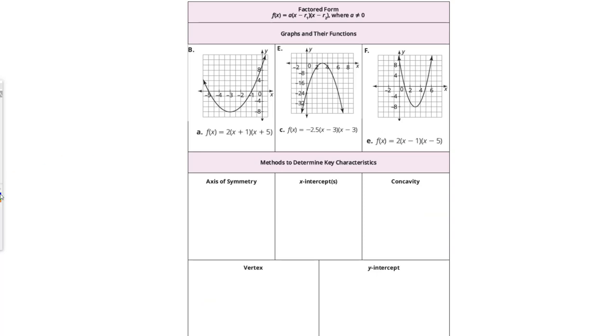This next one is in factored form. So when it's in factored form, we can still find that concavity. If a is greater than 0, it opens up. If it is less than 0, it opens down. And you can still find one other piece of information.